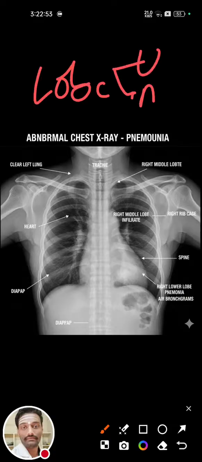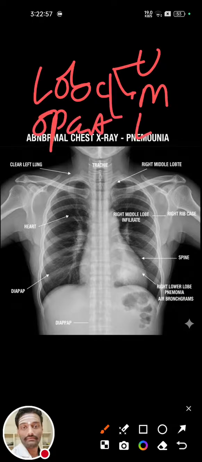We have already discussed the silhouette sign: upper lobe opacity, it is the upper mediastinum. Lower lobe opacity is seen at the right heart border, and lower lobe opacity obscures the diaphragm.